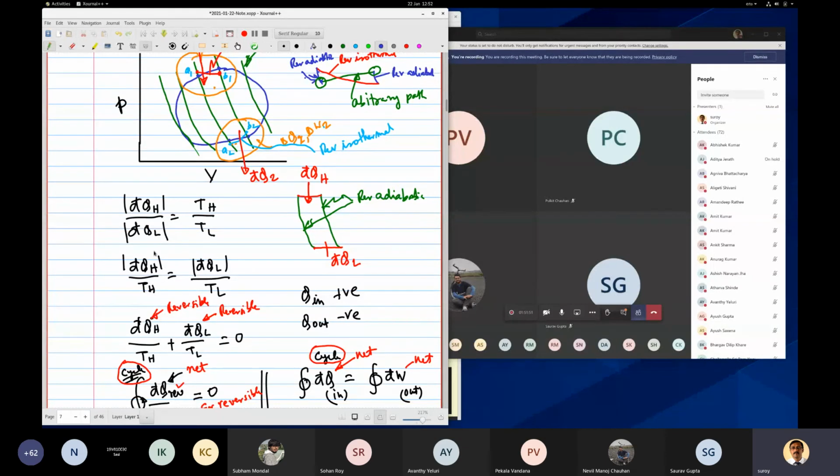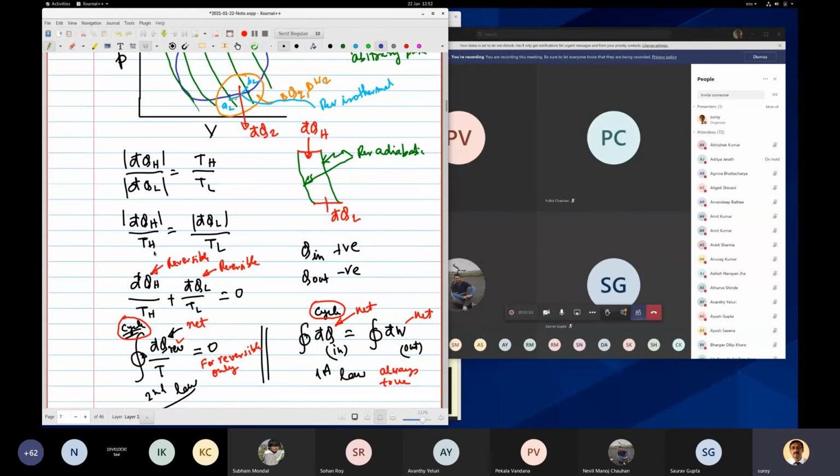What we have shown here is, if we decide that heat in, Q in, is positive and dQ which is leaving is negative, with such a system of giving positive and negative signs, then when we add this up it will become 0.